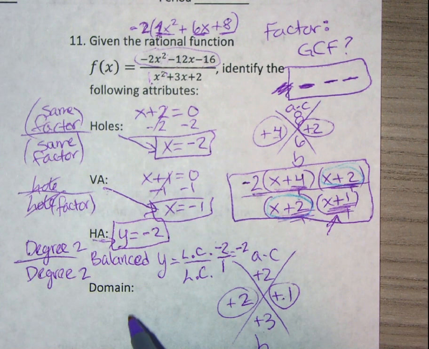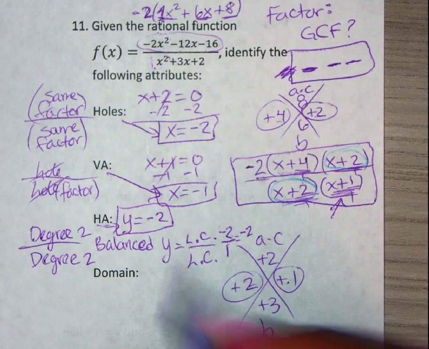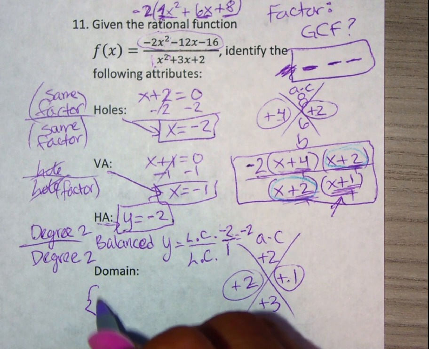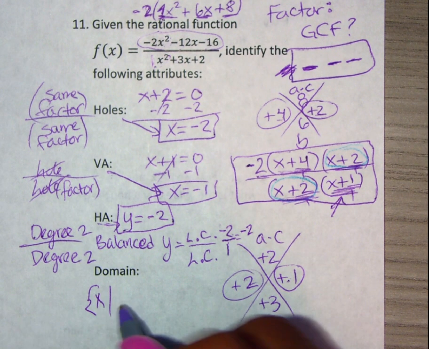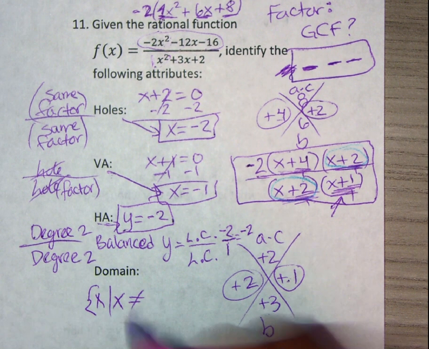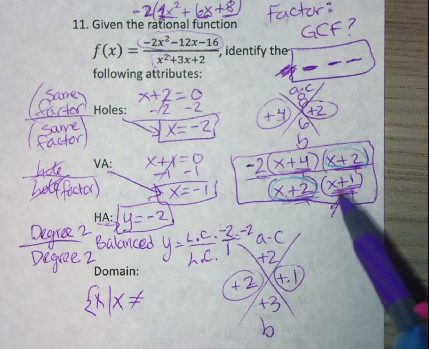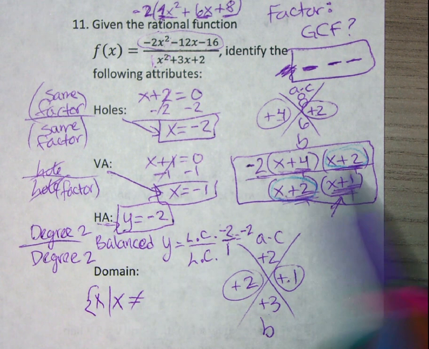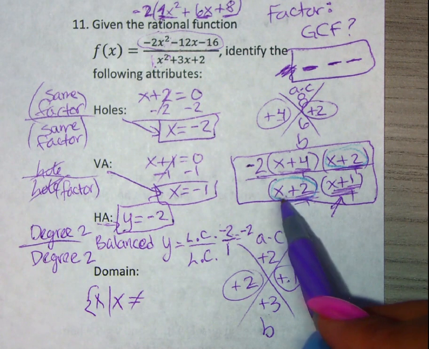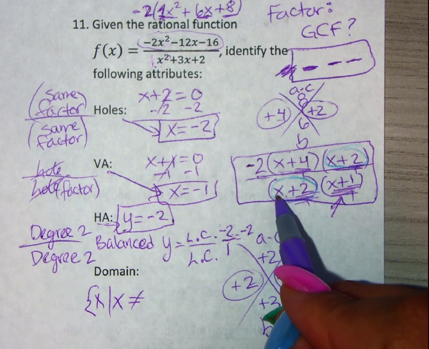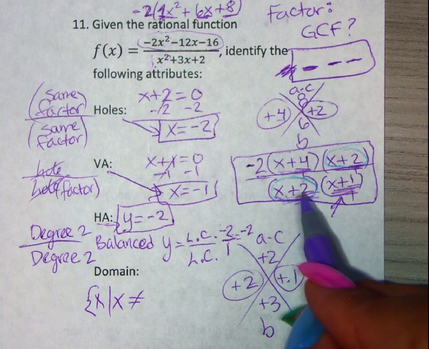All right, the last part is to summarize this work with writing the domain. So we're going to write our set of x values such that x cannot equal, and again, you're trying to answer what x values you don't want to use to make the denominator 0. So we found out that when x equals -2, that will result in a 0 because -2 plus 2 is 0.